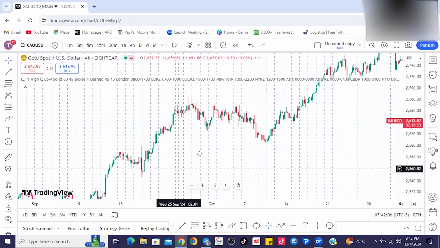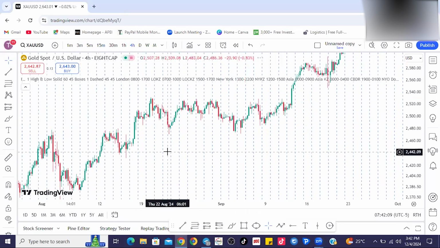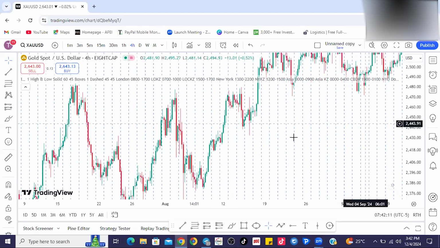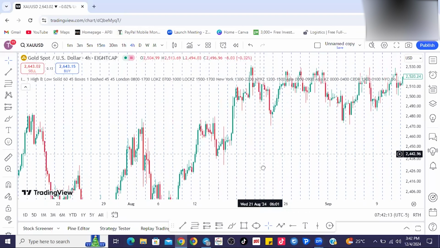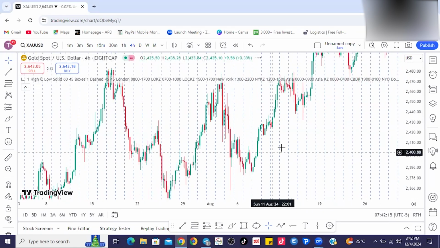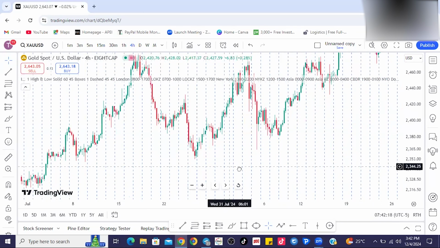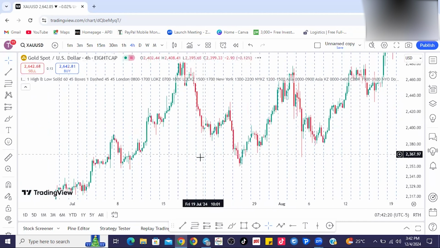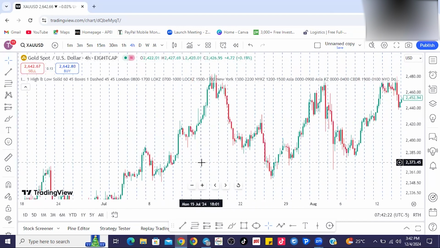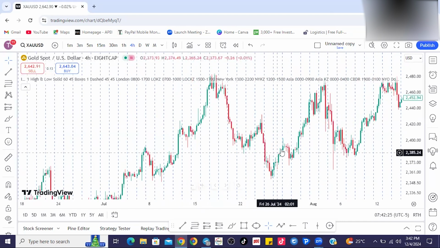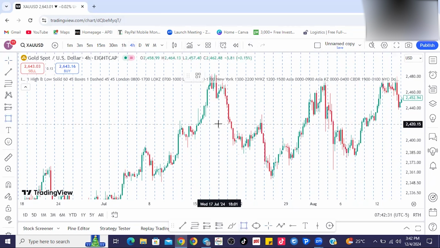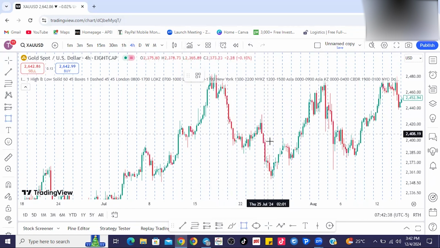So let's see what we have. When you look at this particular gold chart that we're talking about, at this particular level here, we see the market making a series of moves in a downtrend.